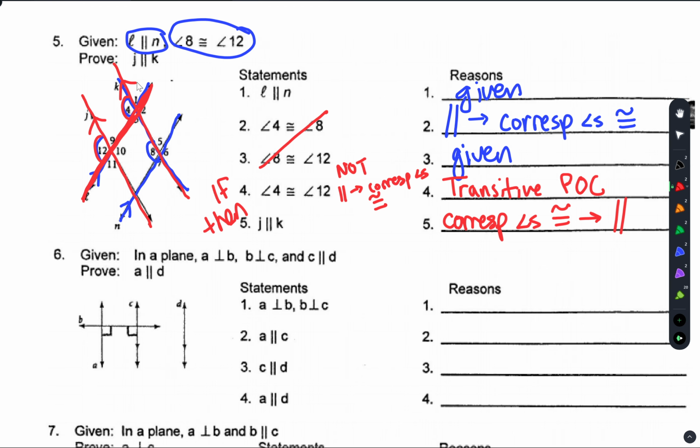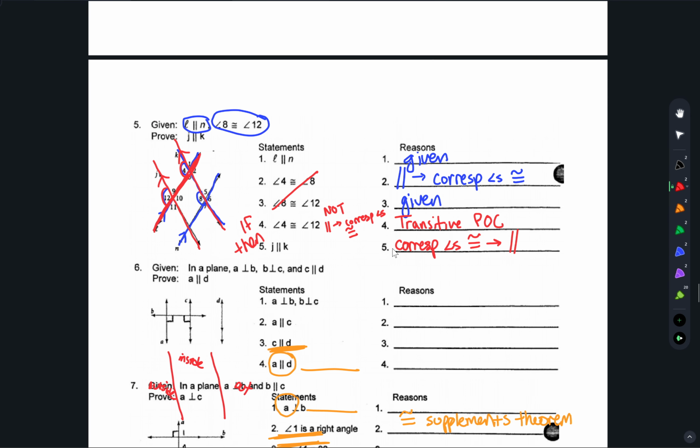Again, I'm doing the same thing I was doing in the last proof. I am working backwards. I'm starting with the angles. I'm figuring out that those angles are congruent and then using that information to prove lines are parallel, not the other way around. Any questions on that? This is maybe one that you want to give a star to because that is a super common mistake that I see.